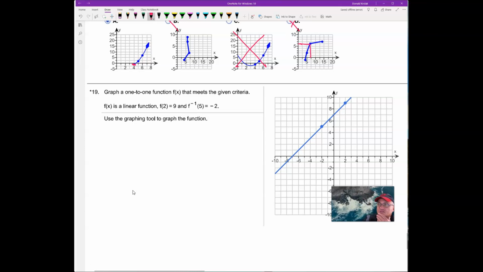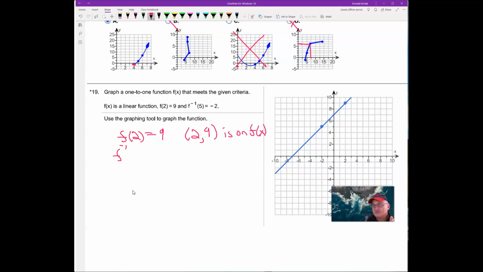Graph the one-to-one function that meets the criteria. Okay, so if f of 2 is equal to 9, then the point 2, 9 is on f of x. If the inverse of 5 is equal to negative 2, then 5, negative 2 is on the inverse.